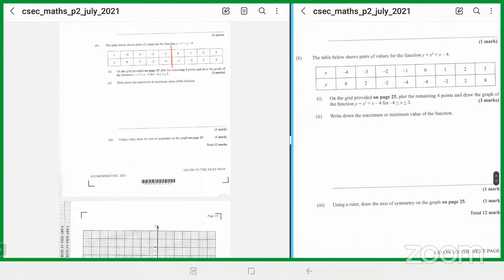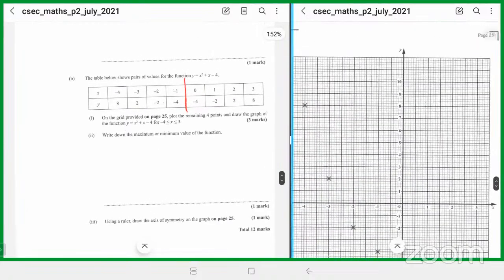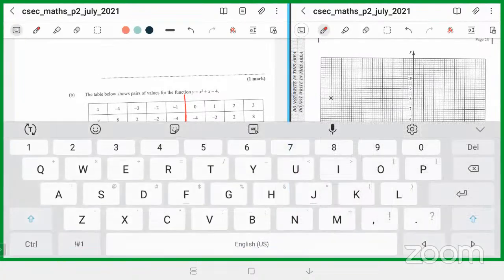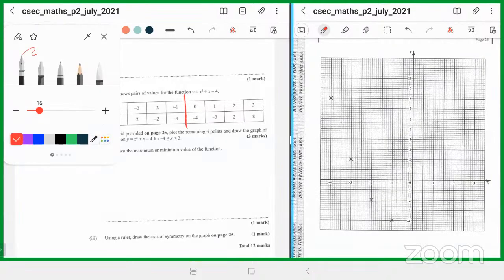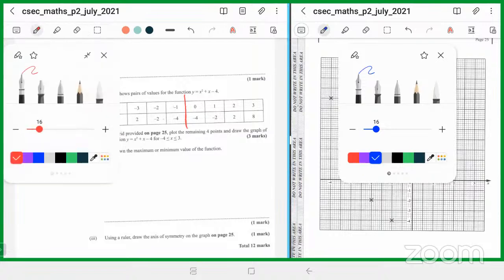All right, so this is the same question here now. So I think we're gonna put the graph on this side of the screen and draw it there. All right, let's see. So this one, they didn't have to calculate any value.